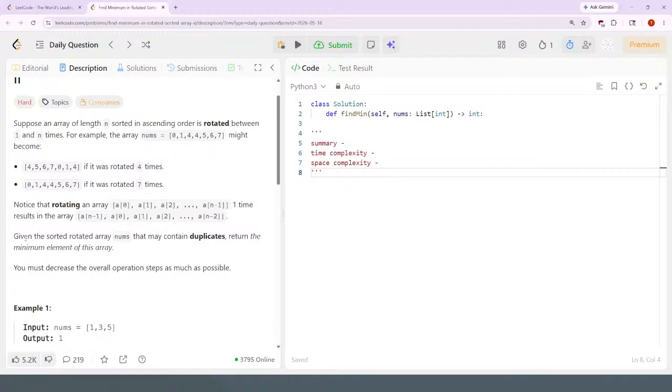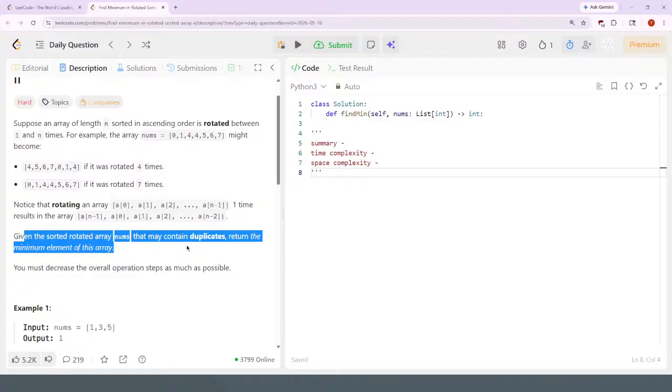Okay. Given the sorted array that may contain duplicates, return the minimum element of this array. You must decrease the overall operation steps as much as possible.